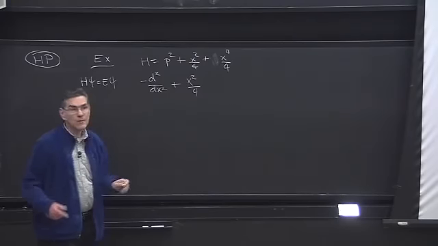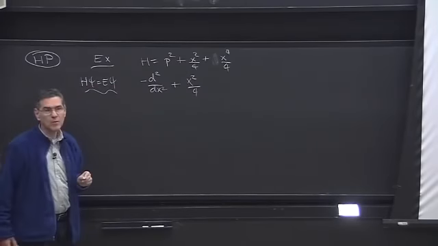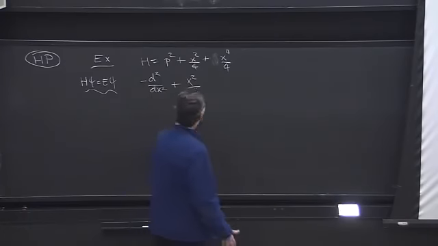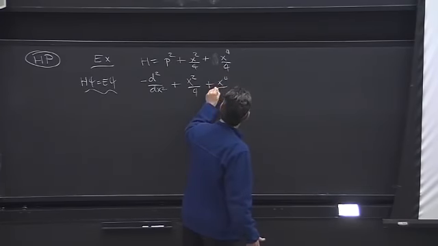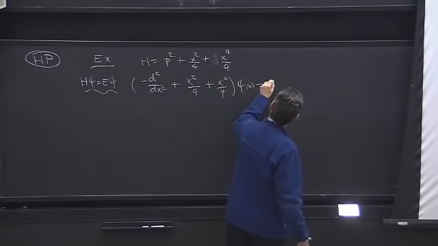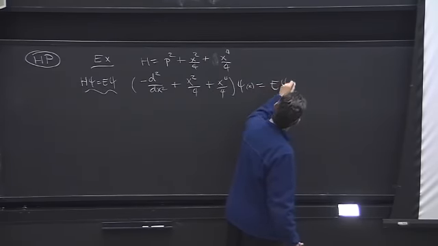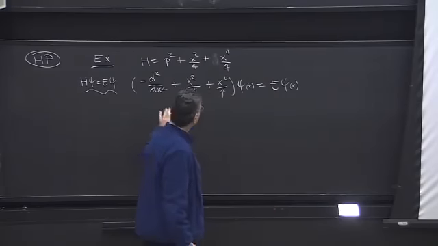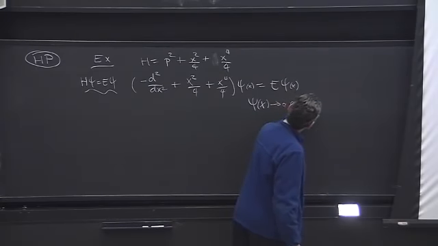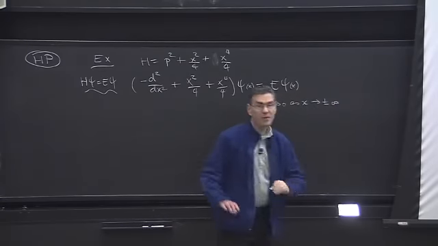This is the abstract statement of the problem. Your real statement of the problem is to solve this differential equation. And the boundary conditions are that psi of x goes to 0 as x goes to plus or minus infinity. That's your problem.